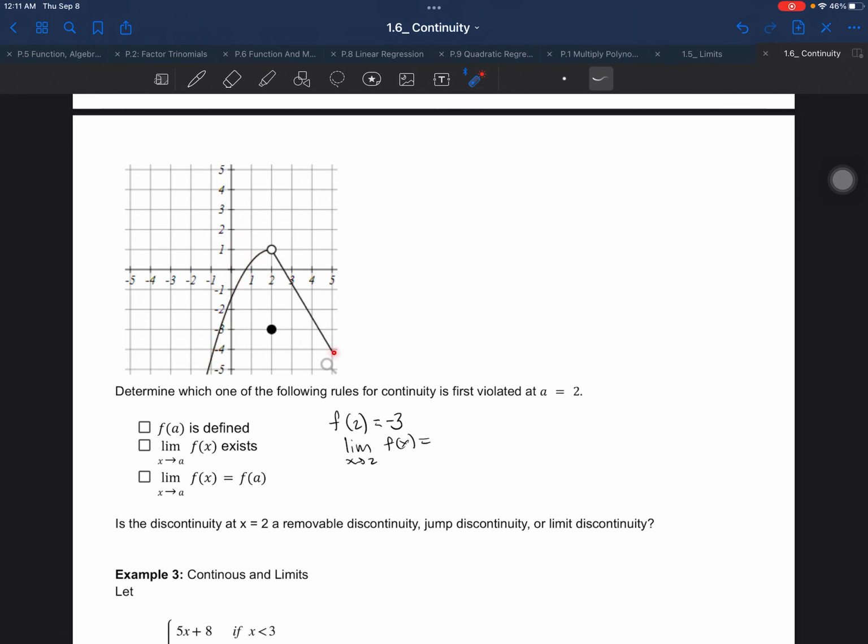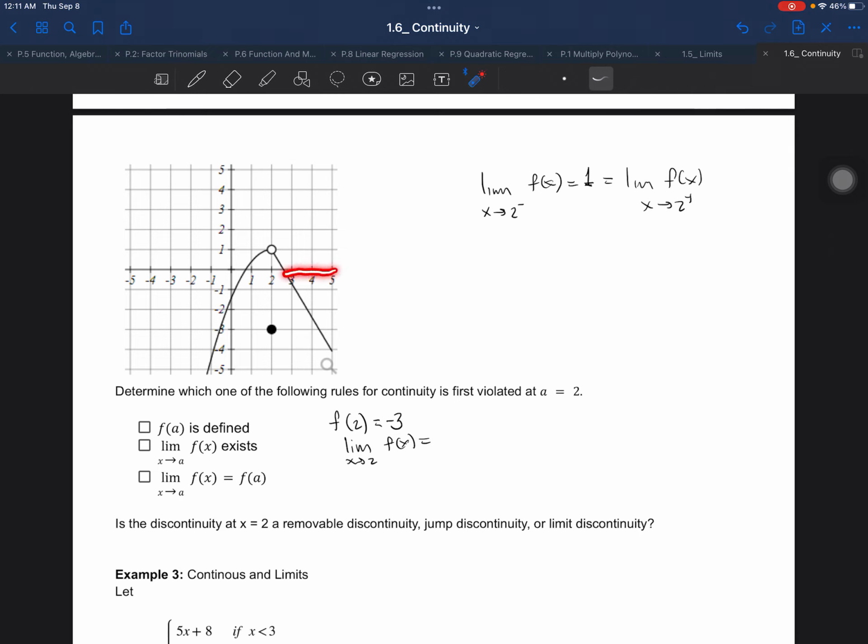Also, we just noted the limit as x approaches 2 from the left side is equal to 1, and it's the same as the limit of f of x as x approaches 2 from the right side. Let's make that argument.